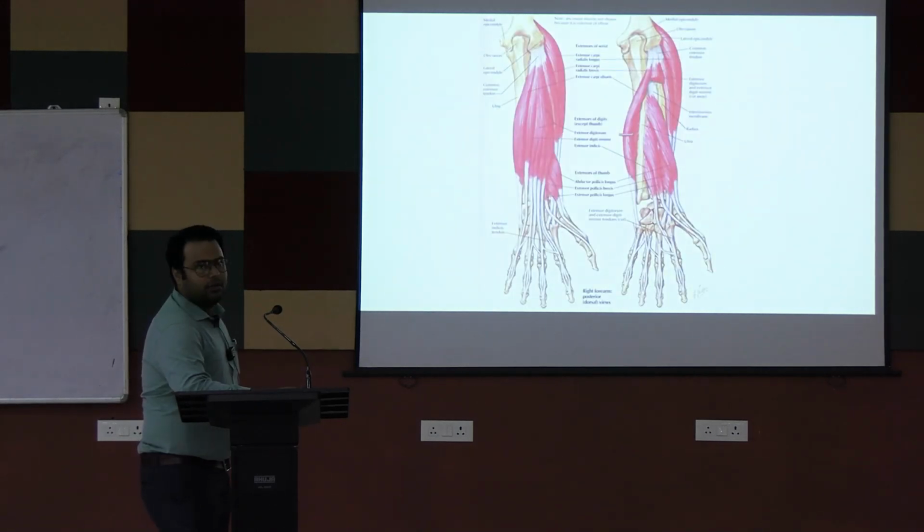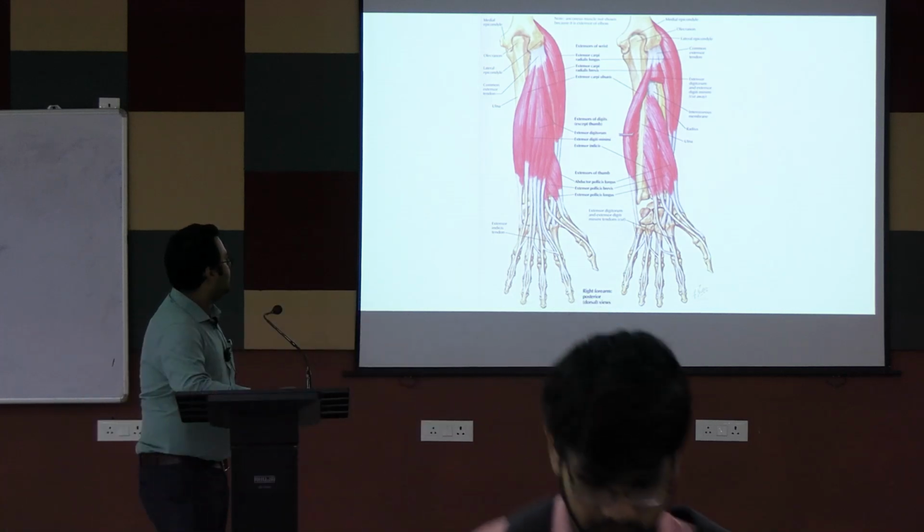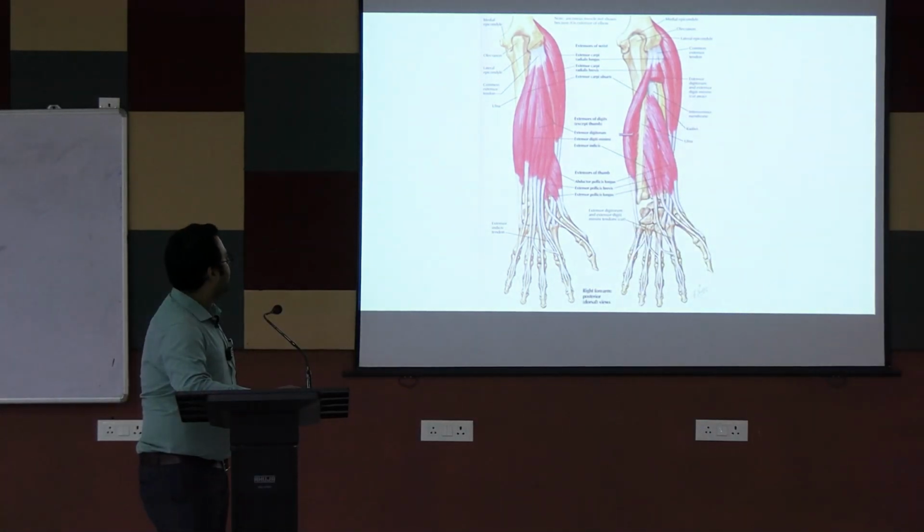Again, these are the muscles of the dorsal compartment of the forearm. These originate from the lateral epicondyle, right? The muscles are firstly the extensor carpi ulnaris, the extensor digiti minimi, the extensor digitorum, the extensor indicis, and the extensor carpi radialis longus and brevis.